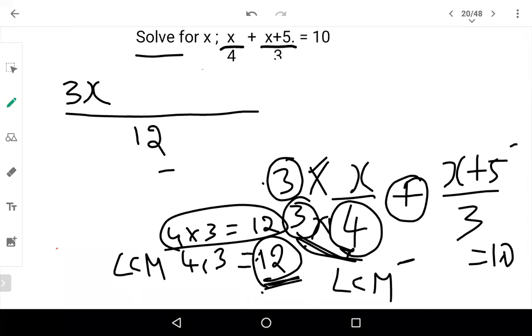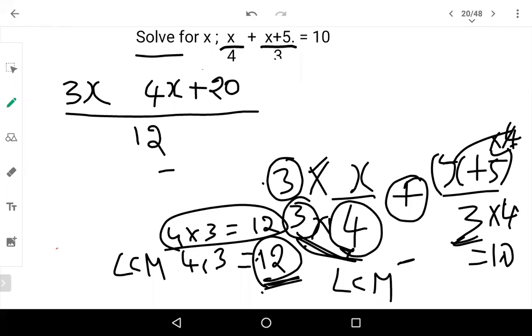Now going on to the next expression, to get 12, I am supposed to multiply 4 here. 3 4s are 12. Another thing is I also have to multiply 4 to the numerator. If I multiply 4 to the numerator, 4 into x will become 4x. 4 into 5 will become 20.